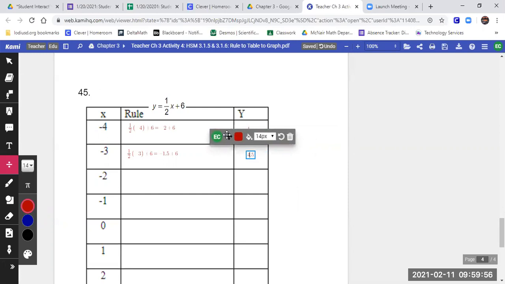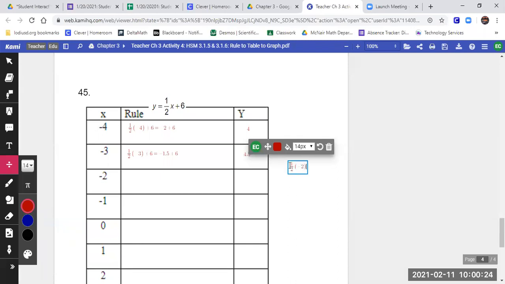Okay. Next one. What are we going to write? What are we going to say for our work? Yep. Half times -2, plus 6 equals. Half of -2 is how much? -1 plus 6, right?